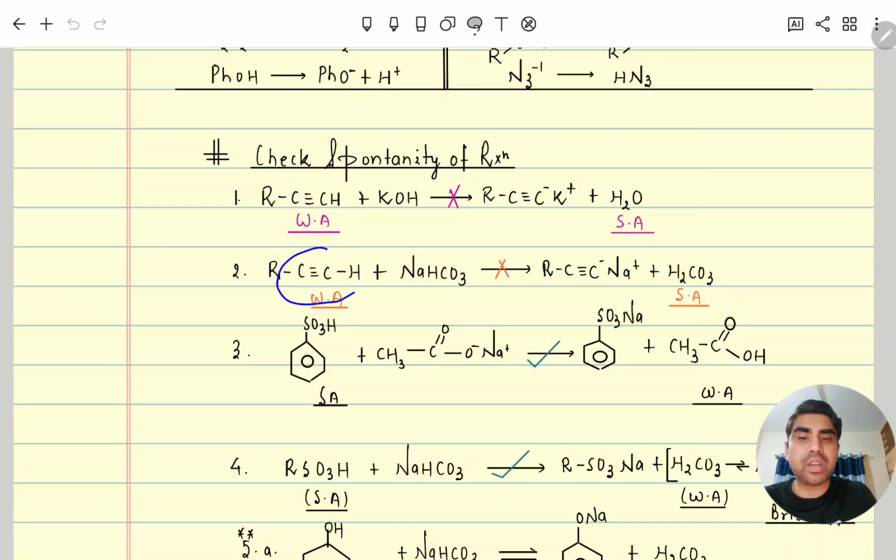Whereas here you can see again a triple bond reacting with bicarbonates. Carbonate and bicarbonates are bases. So here it is forming salt along with an acid. This H2CO3 is relatively a stronger acid compared to the triple bond. How?